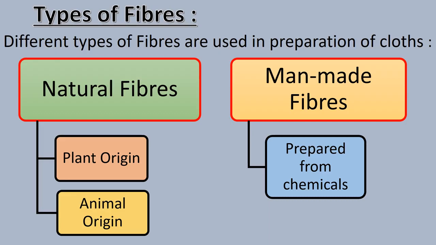Natural fibers are further divided into two based upon their origin. Number 1, plant origin. Number 2, animal origin. Whereas man-made fibers are prepared from chemicals.